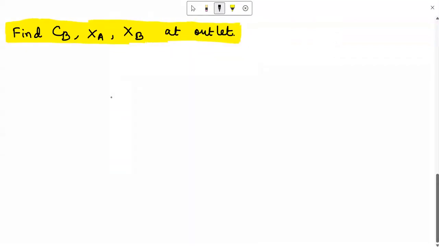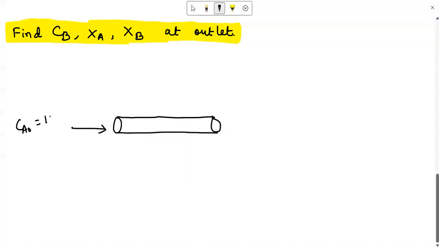First I will make a rough sketch of this problem. Let me draw a tubular reactor over here as my steady flow reactor. At the inlet point, we have Ca0 as 100, Cb0 as 200, and Ci0 as 100.